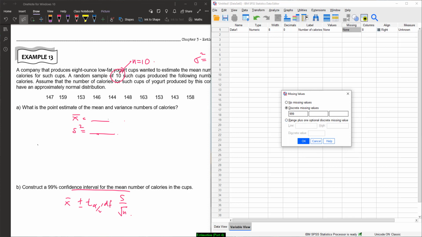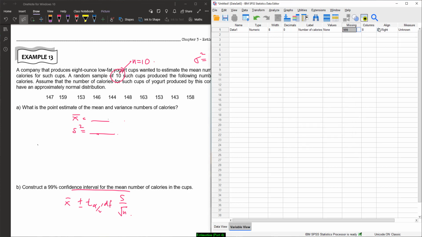So if you have a missing value, then you need to click on 999. So you tak perlu letak kosong ataupun biar kosong. If you type 999 in SPSS, SPSS will understand that this is the missing value. And then you click OK.